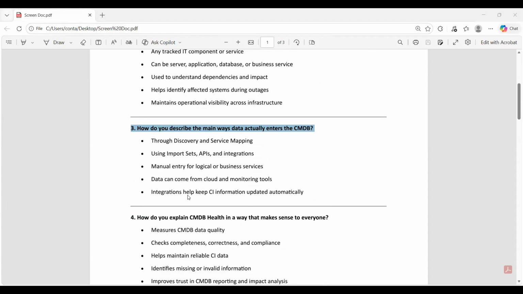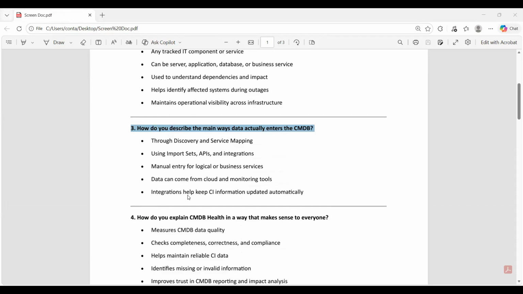The second important source is import sets and integrations. You have seen various integrations in your CMDB, from tools like SCCM, cloud platforms, monitoring tools, or external inventory systems that also push data to CMDB or ServiceNow. Now come to the third source, which is manual entry.